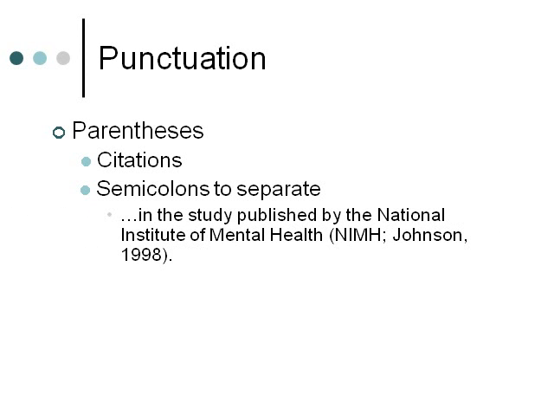So, if I have some sense of saying, in the study published by the National Institute of Mental Health, typically I would then put that abbreviation inside parentheses, following the fully spelled out phrase, and then I've got to cite it, which was in some article by Johnson. And I have another set of parentheses. So instead of having two sets of parentheses, I merge them, and where the two parentheses would touch, you put a semicolon. So it's NIMH, semicolon, single space, Johnson, 1991.